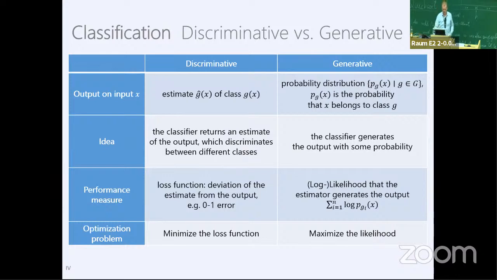In the discriminative case, the one class of classifiers, we directly aim to estimate the class label G hat of an input point. So there is a true labeling function G, and we want to approximate that labeling function, so we get G hat.